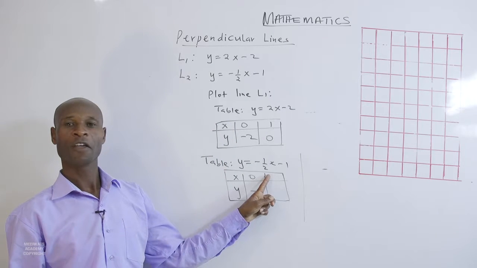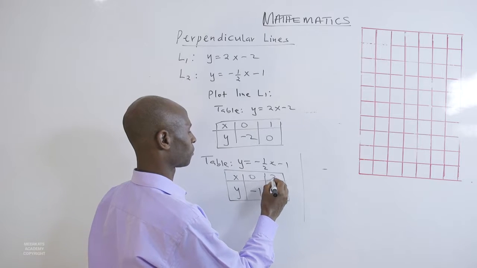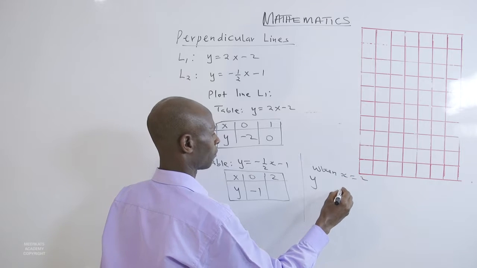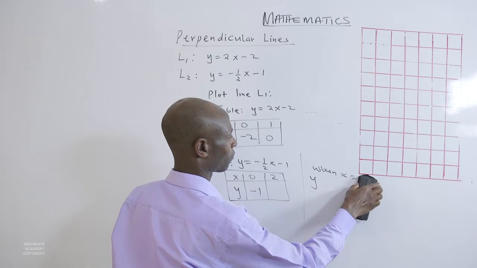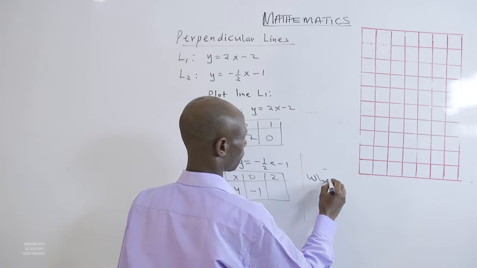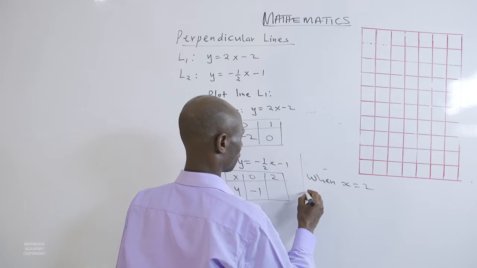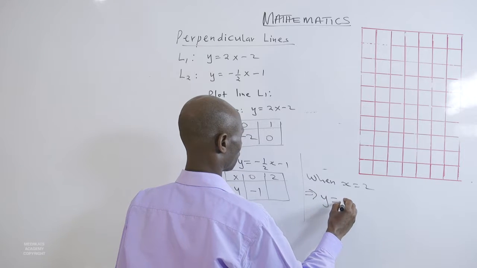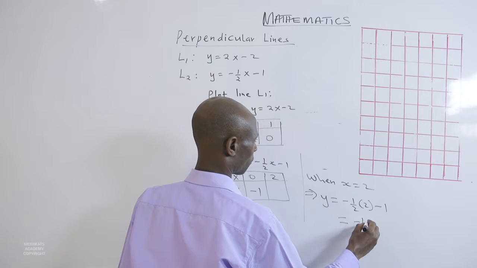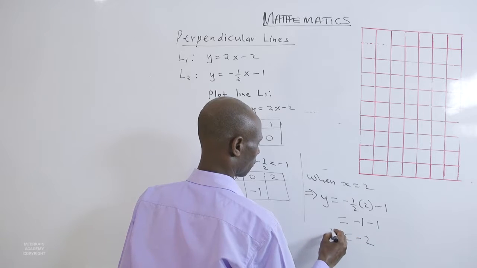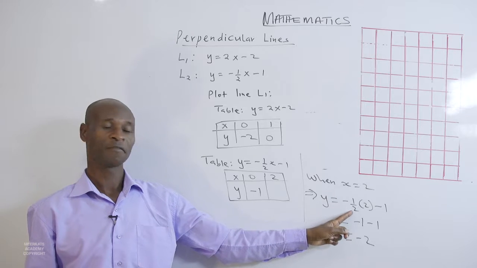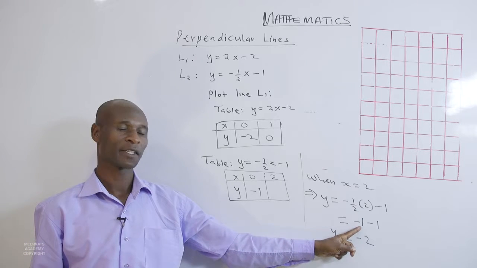Then we choose a value of x to be 2. When the value of x is 2, the value of y will be -1/2 times 2, which gives us -1.